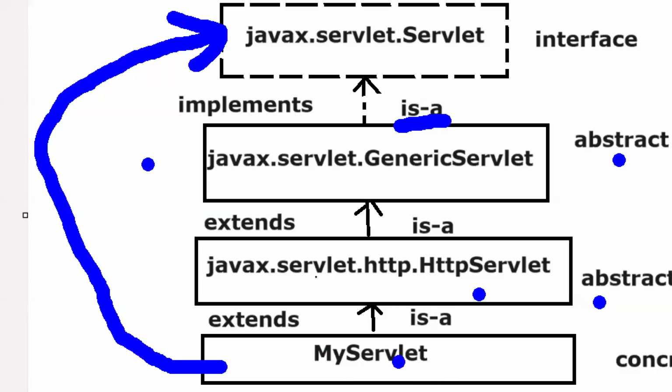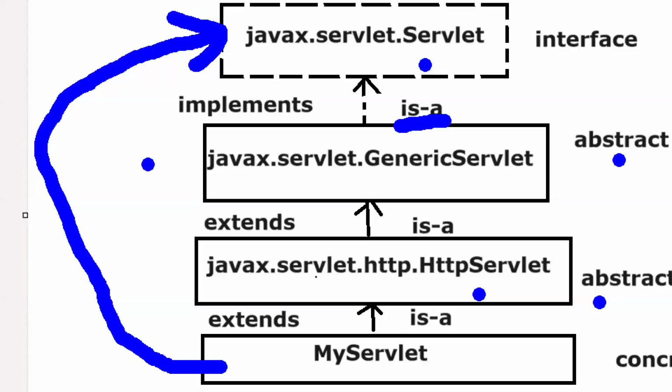Somehow, in the hierarchy, the servlet interface should be there. Otherwise, our Java class is not eligible to act as a servlet. But in the first example, I will show you our servlet extends generic servlet. Our Java class never ever inherits the servlet interface directly.